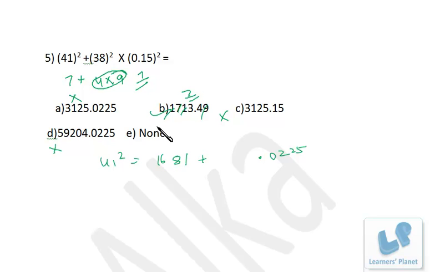Now here the answers are not approximated because see, if you multiply any number, say 38 into 0.15, right, you won't be getting any number other than like tens or hundreds in the denominator, right? So obviously the difference is of decimals only. No need to go for any sort of approximation over here, right? So we can be sure that answers are not approximated.